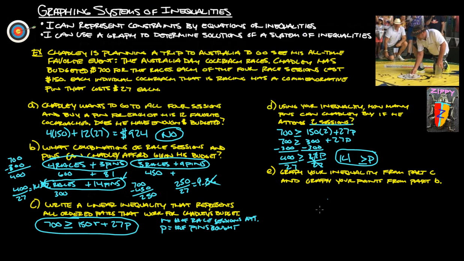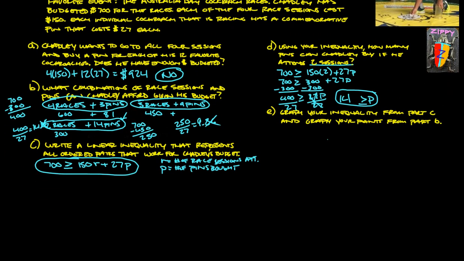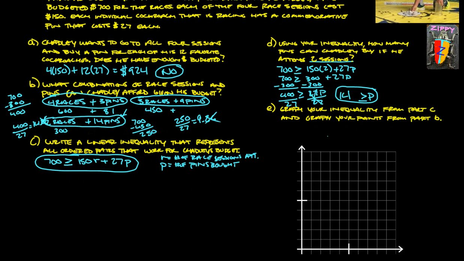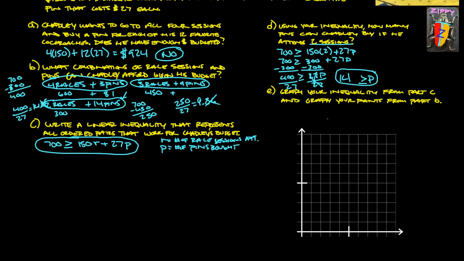All right. So last one, graph your inequality from part C and graph your points from part B. Let's put a little graph up there for us, and then away we go. Let's do our points from B. We can do either one of these on one.